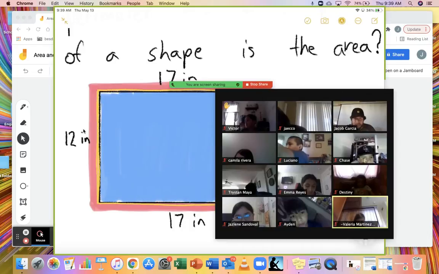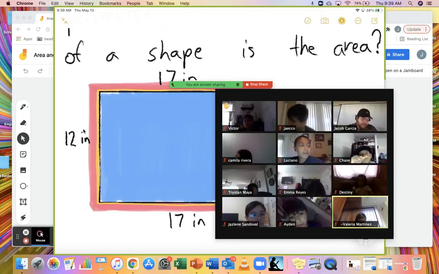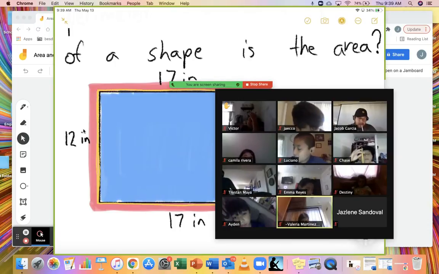What are we using to measure? Go ahead, Camila, what do we use to measure when we're measuring area? We're not measuring with lines like we do with perimeter. We're measuring with what? With square inches, I think.